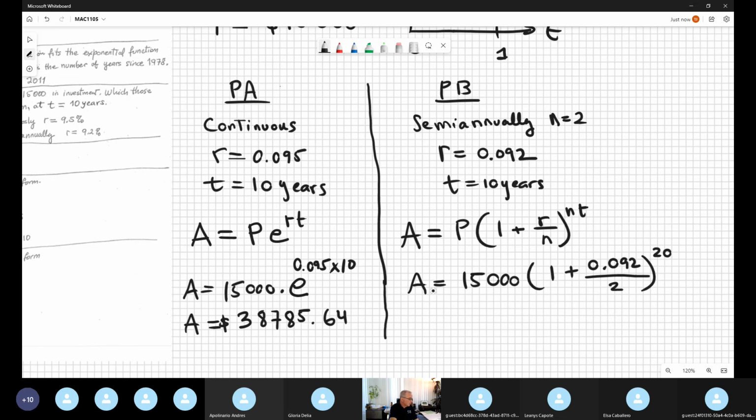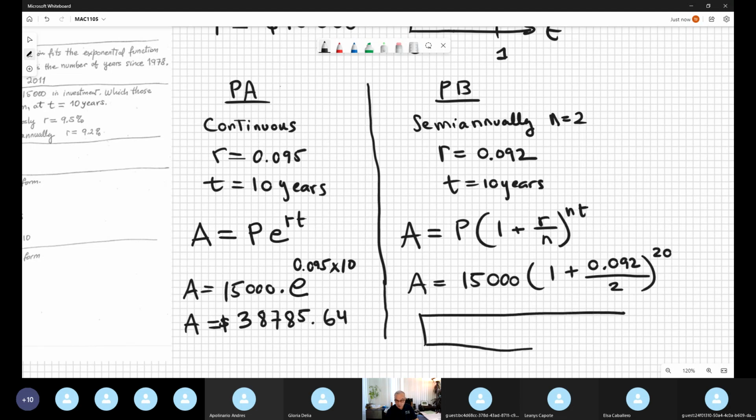Now let me finish. Multiplication, open parenthesis. Inside the parenthesis, I copy 1 plus 0.092 divided by 2. Close the parenthesis, I put the power, that symbol, 20. So on the display of the calculator, I type in something like that.